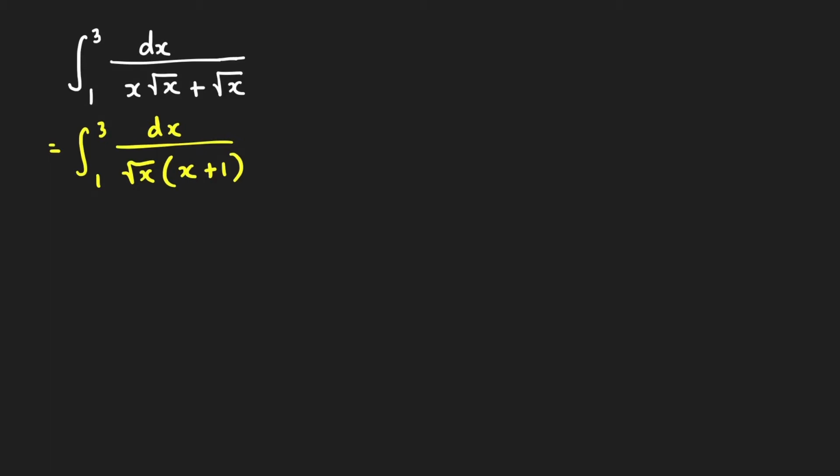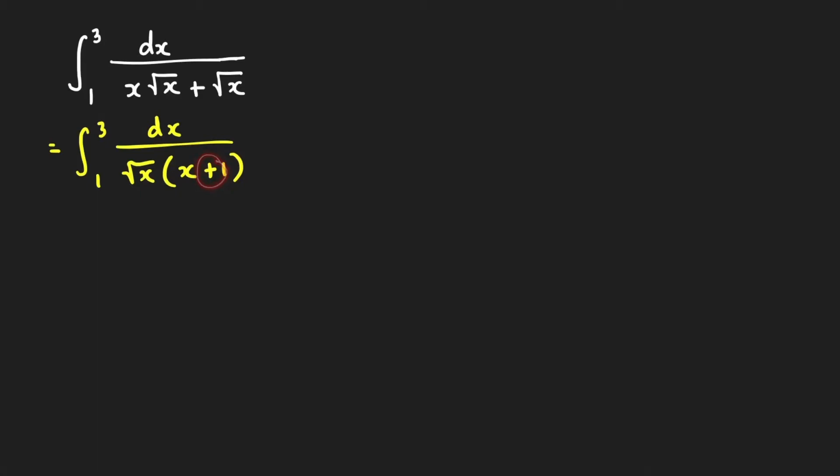Now, what is the form of this integral? Clearly, we don't need to use the integral formulas for secant inverse u and sine inverse u, because we don't have the denominator square root of 1 minus u squared, or square root of u squared minus 1. And this is just a sum.